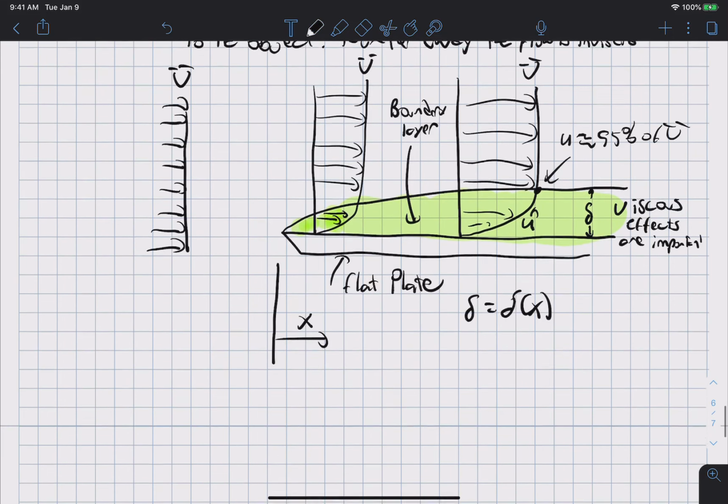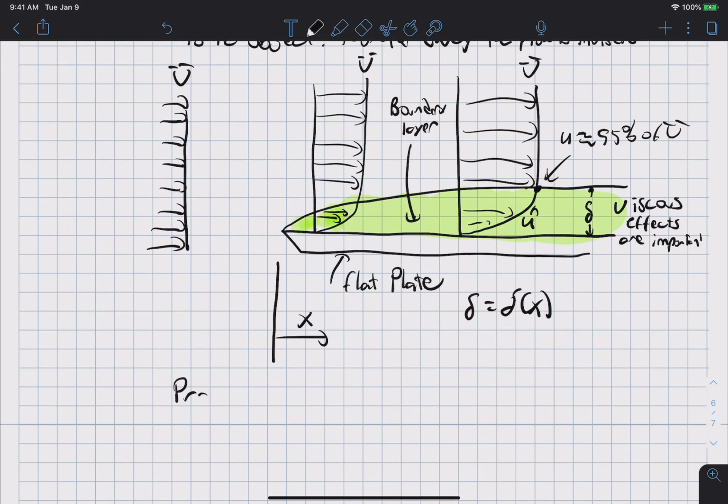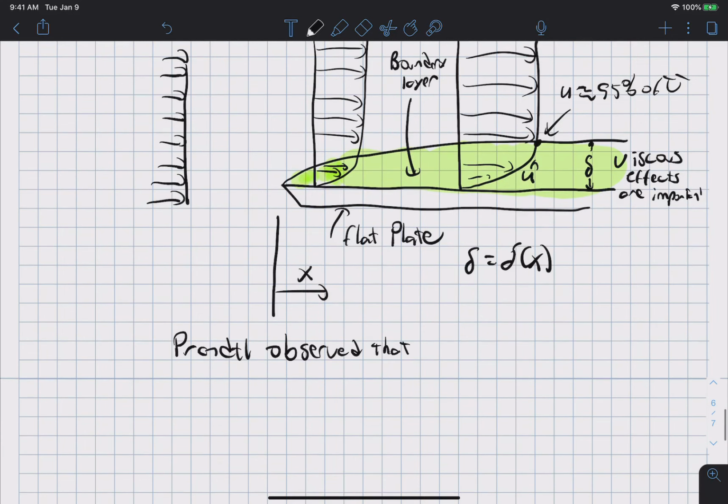Prandtl observed, importantly, that delta over some distance L is much, much less than 1.